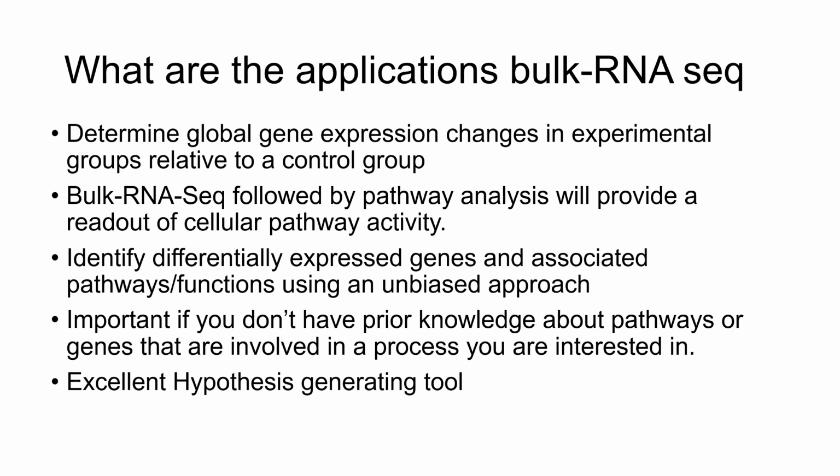One way to address that is to identify the differentially expressed genes changed by that natural product, take those gene sets and ask what pathways they are associated with, and that can get you a step in the right direction. How we've used it in the past, and how a lot of people use it, is as an excellent hypothesis generating tool.